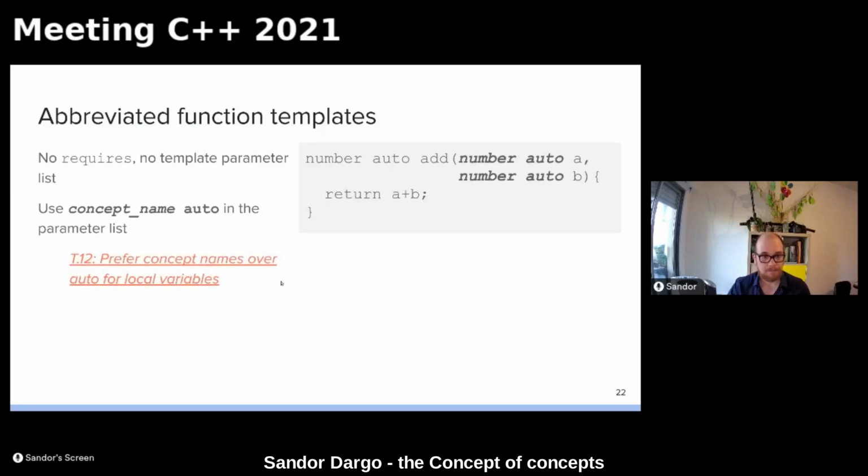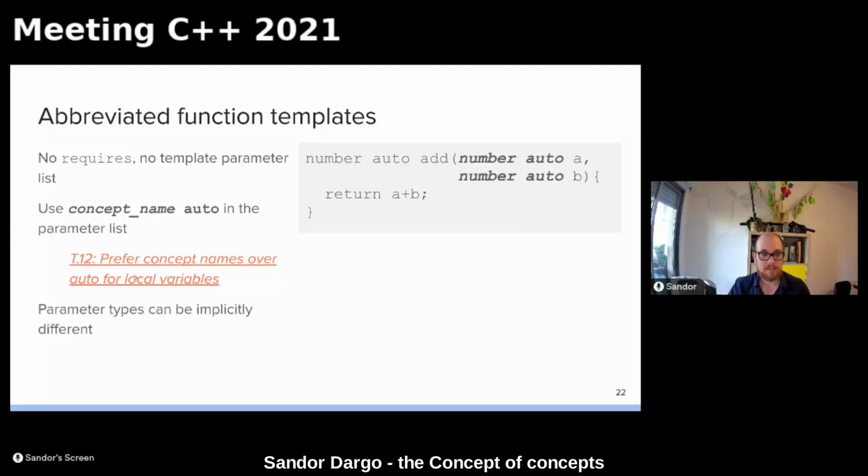And I refer to the core guidelines wherever it is possible, wherever it makes sense. So we should use in function templates whenever possible concepts, because it documents our code already. It documents what kind of types do we expect. It makes it safer. It makes it more maintainable.